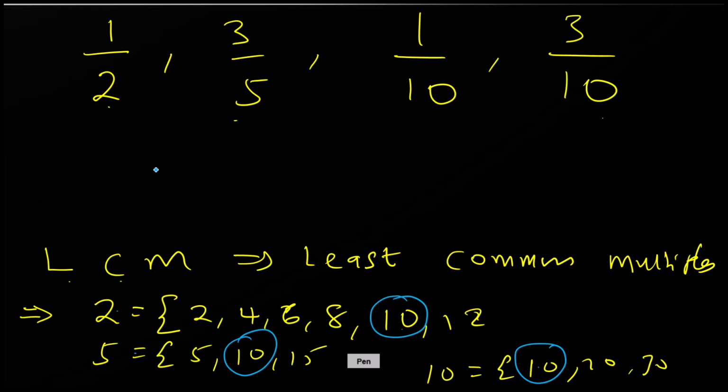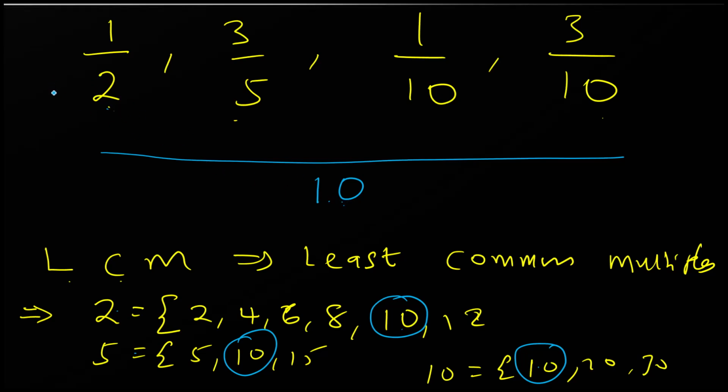Now, after getting the 10, we put a 10 under each fraction. I'll start from here. 2 times what number will give us 10? 5. 2 times 5 is 10. It means 2 goes into 10 5 times. After getting that number, you multiply it by its numerator, 1.